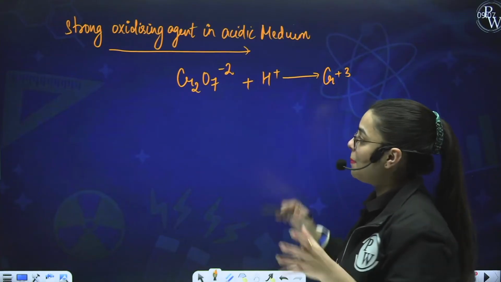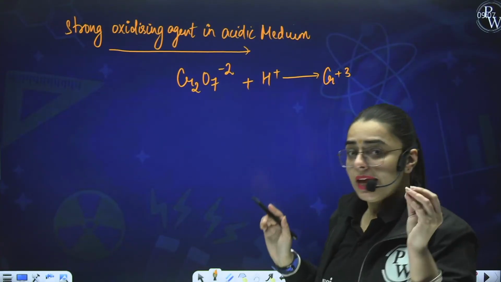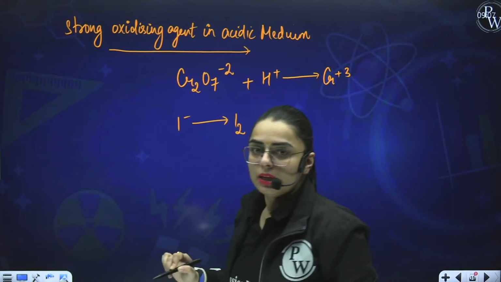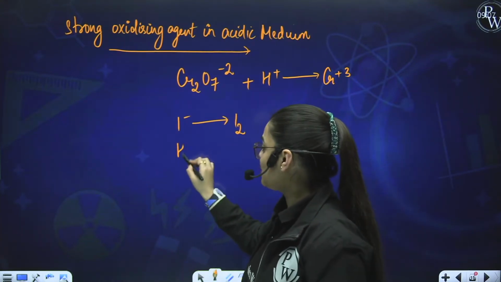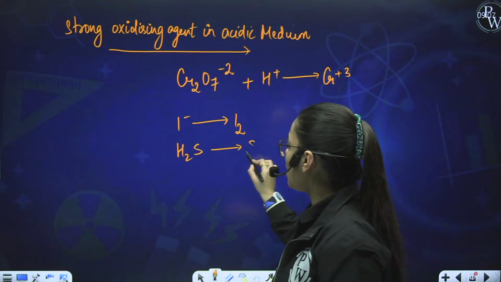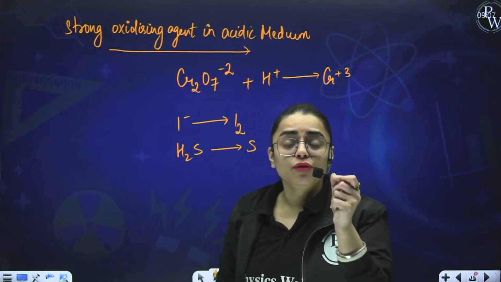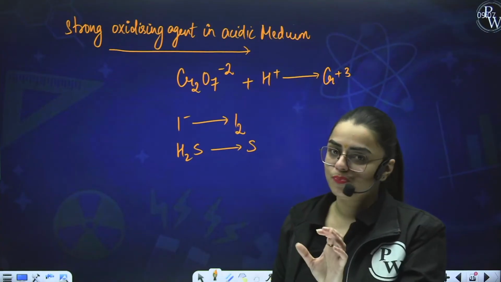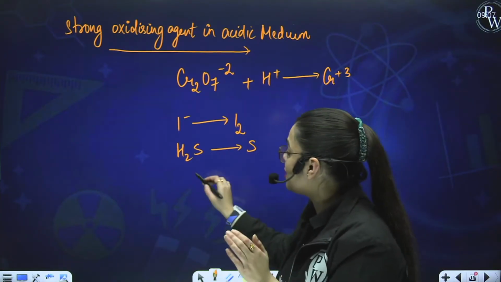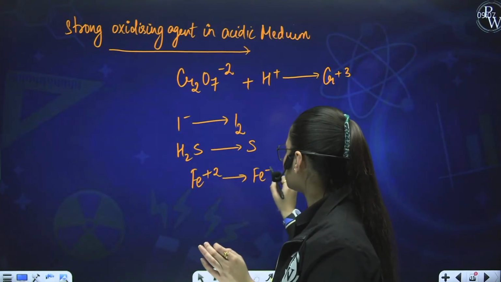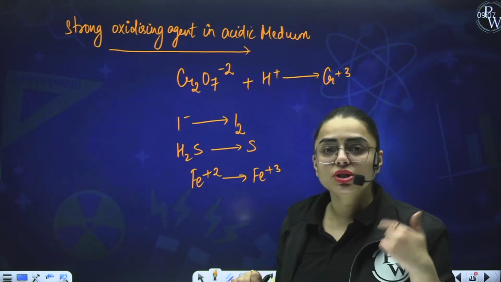Now, how can reactions be seen? If it reacts with I negative, it will convert into I2. If it reacts with H2S, it will convert into sulfur. If it reacts with Fe plus 2, it will change into Fe plus 3.